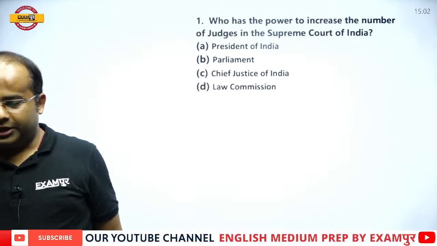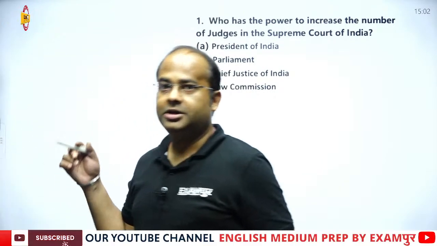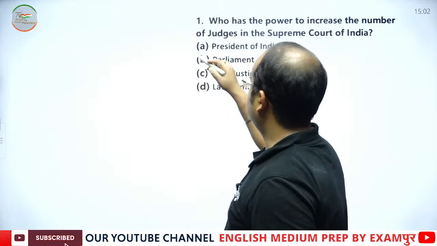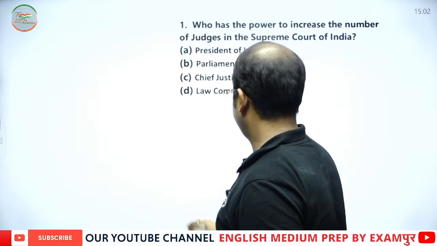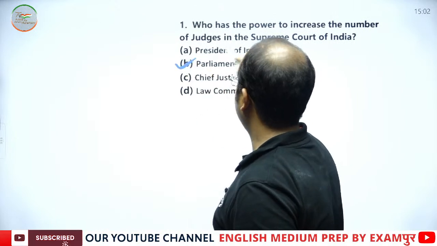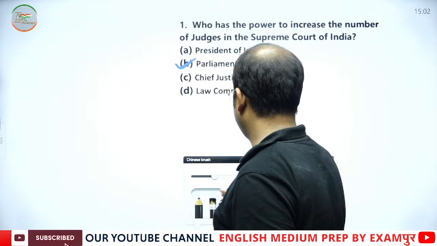It is not only to increase the number of judges guys, it is also to decrease the number. So the correct answer will be option B, that is the Parliament of India.